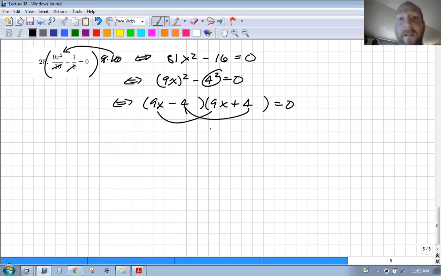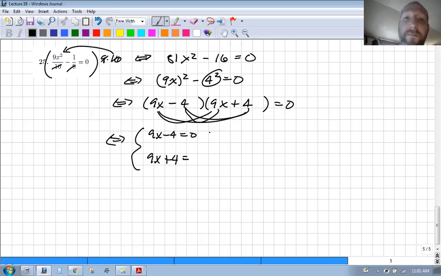We got the negative 9 times 4x, and then the positive 9 times 4x. The middle terms cancel out. So either 9x minus 4 is 0 or 9x plus 4 is 0. So x is 4/9, or x is negative 4/9.